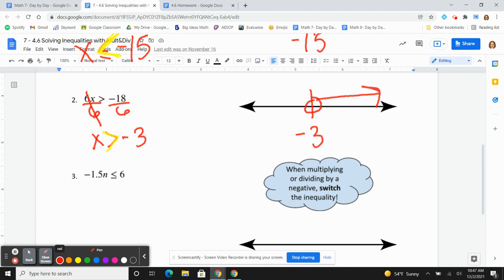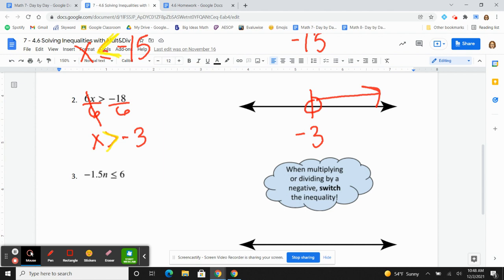Okay, you see that blue cloud on your paper? Something very, very important. It says, when multiplying or dividing by a negative, you have to switch the inequality. Because when you divide by a negative, you're dividing by an opposite. Okay? So we're going to switch the way the inequality goes.